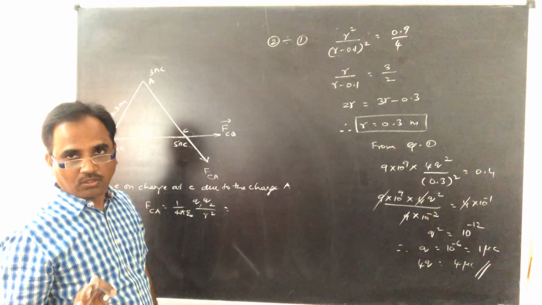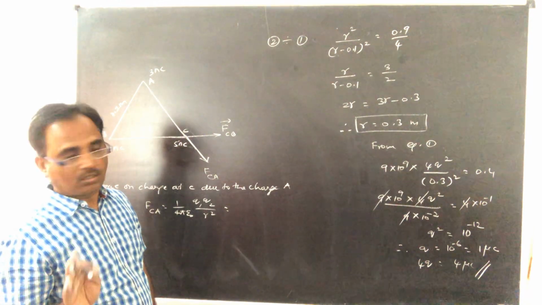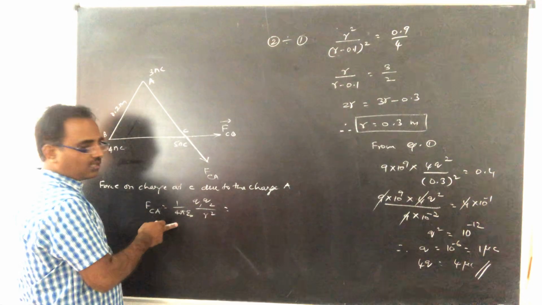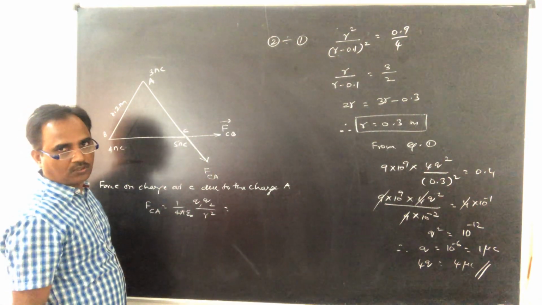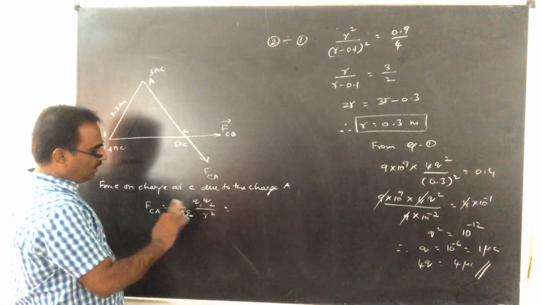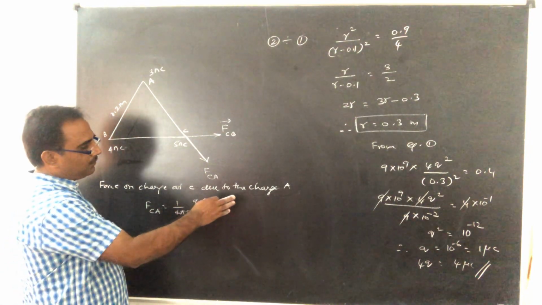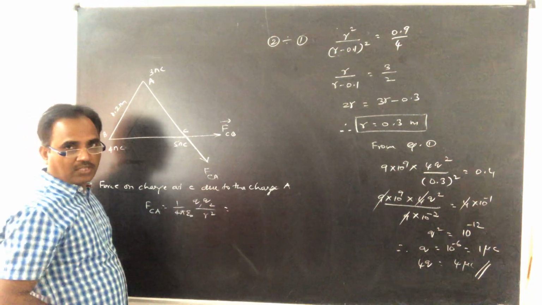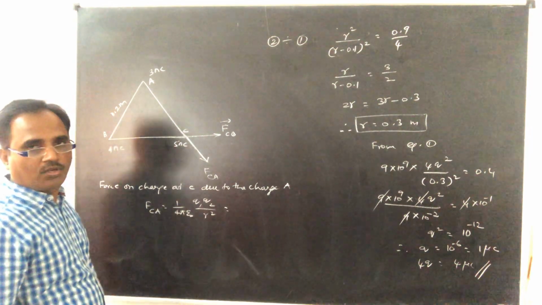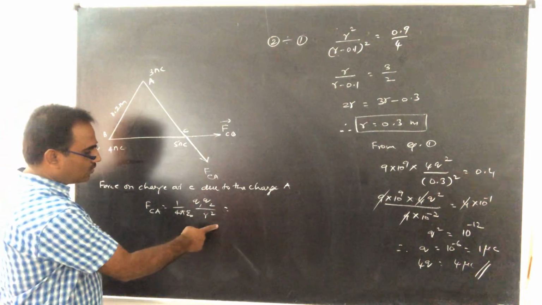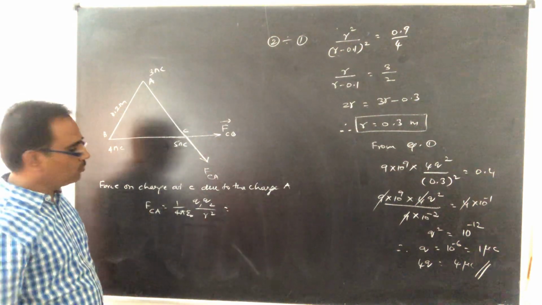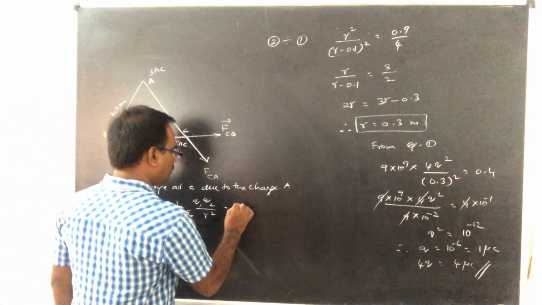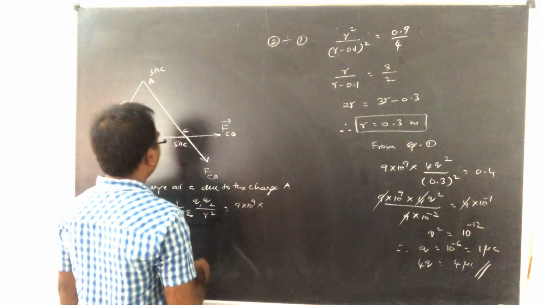That is why, though you know it, still you have to write it here. After writing the formula only you go for substitution. In case you simply take the values in the formula without writing the formula, you will lose the mark for writing this formula. That is why first you have to mention the formula and then do substitution. So this is 9 into 10 to the power of 9.